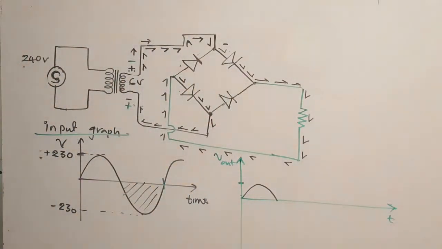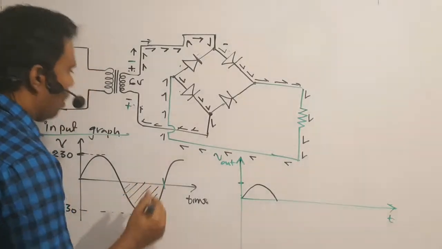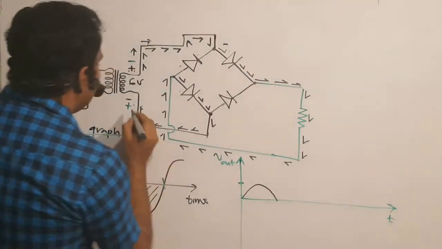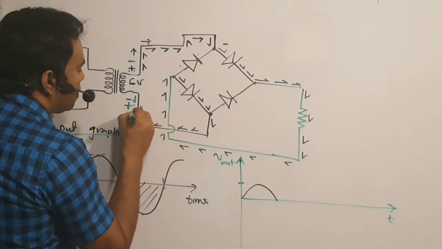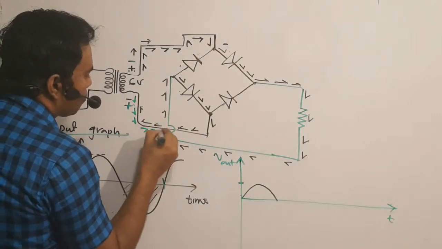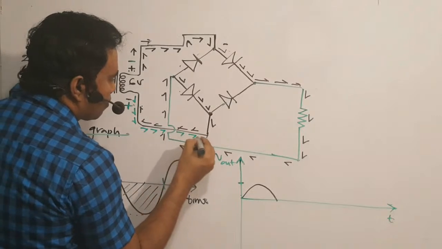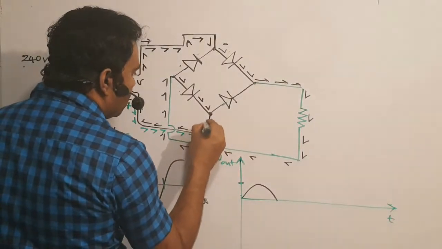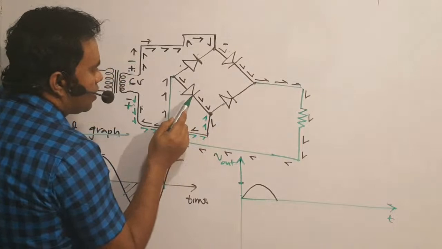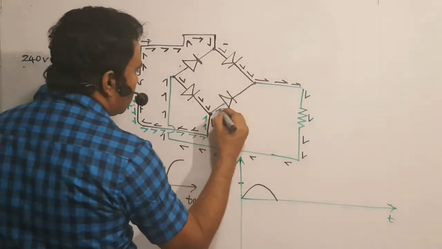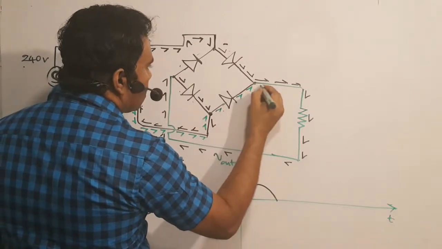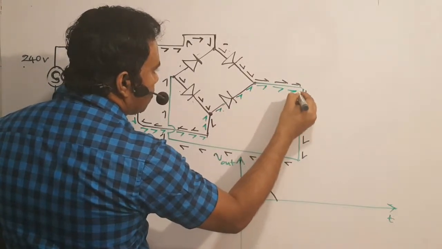Next, let's see whether the negative half goes or not. Now this side is positive, electric current comes. This is reverse bias, this is forward biased. Yes, current is passing.